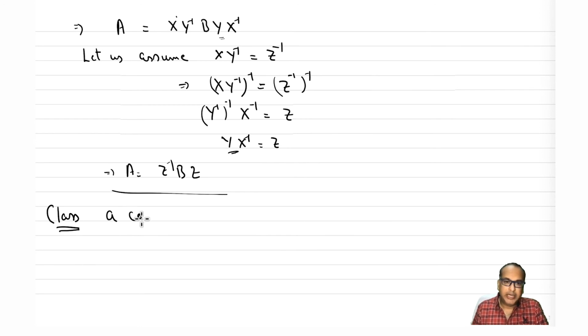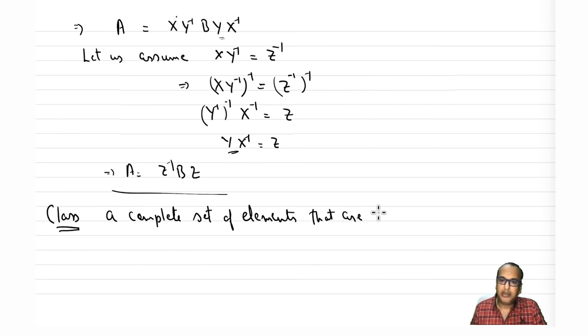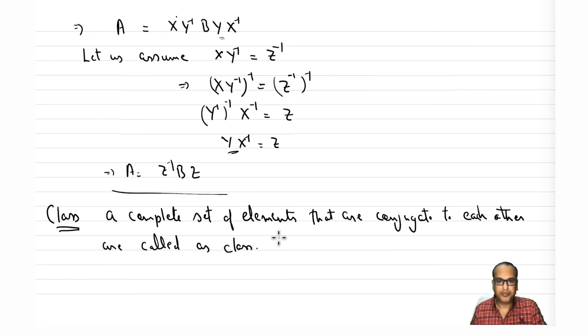A complete set of elements, group elements or symmetry operations, that are conjugate to each other are called a class, or are classified as a class. So let's see what it means again.